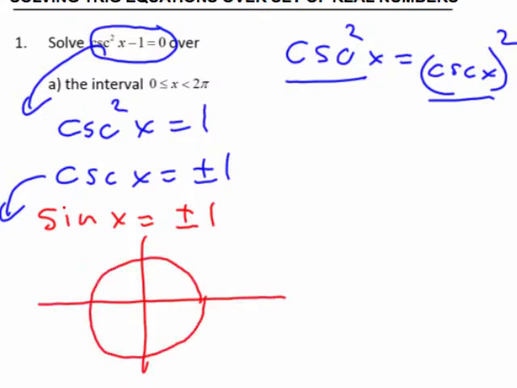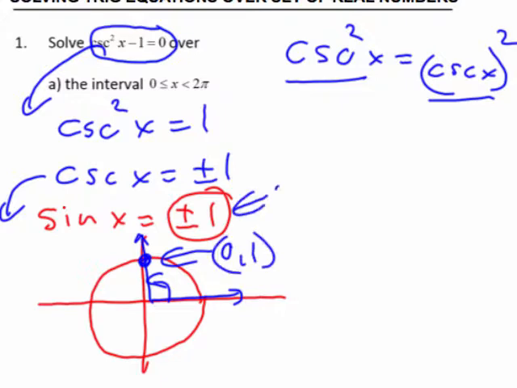So the question is, do we know on a unit circle where the y-coordinate is plus or minus 1? Well, that would have to be at an angle of 90 degrees, although we want to work in radians, because this point here would be 0, 1. Remember, sine is the y-coordinate on the unit circle. Or the angle is here, from standard position, 0, -1.